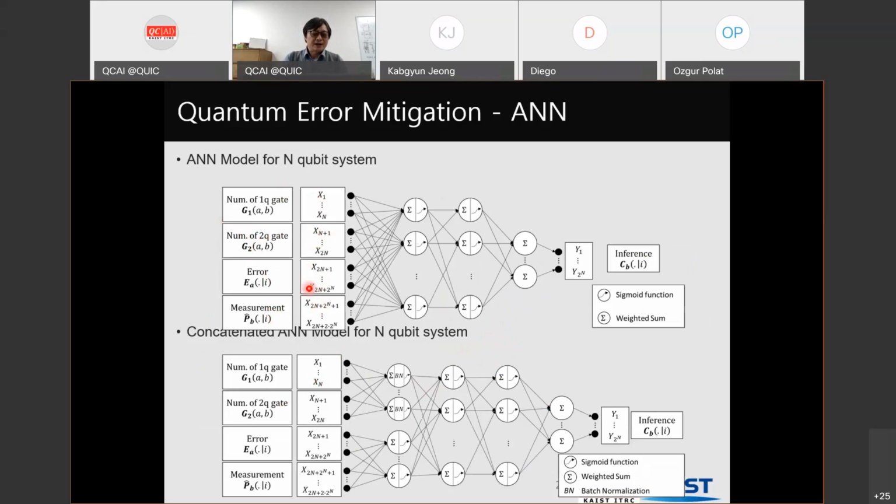One experiment was done with fully connected input nodes, and the other is done with subspace learning, which handles the input states in two separate parts, and then the two pieces of information are concatenated in the middle. These two models were investigated.